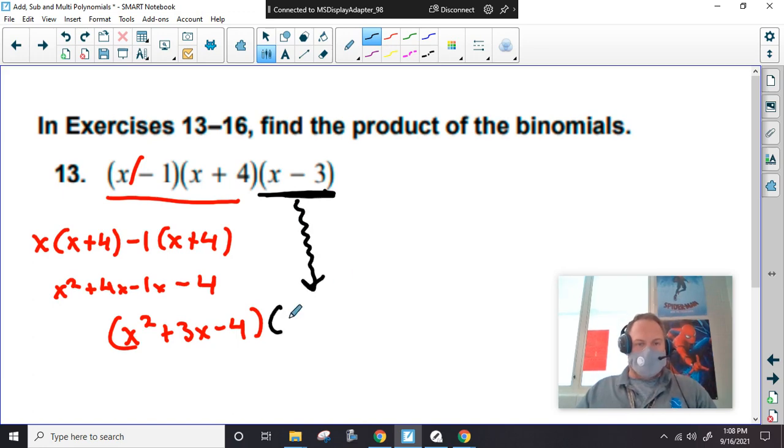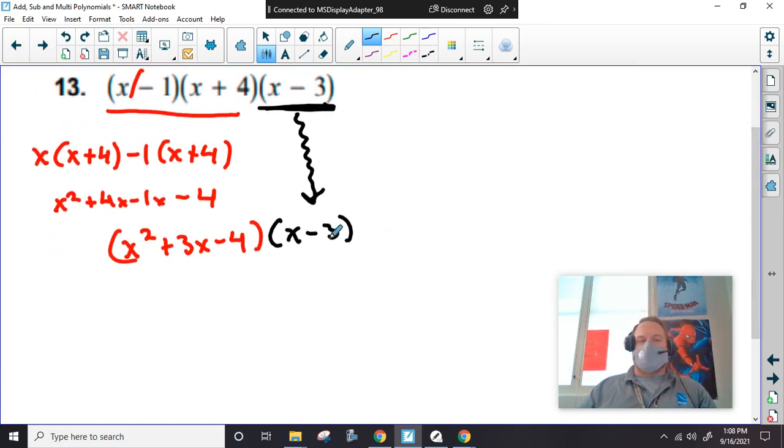Now, you could do it either way. You could split up the x minus 3, or you could split up this right here, like so.